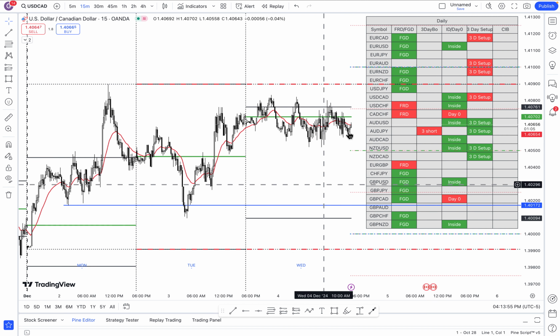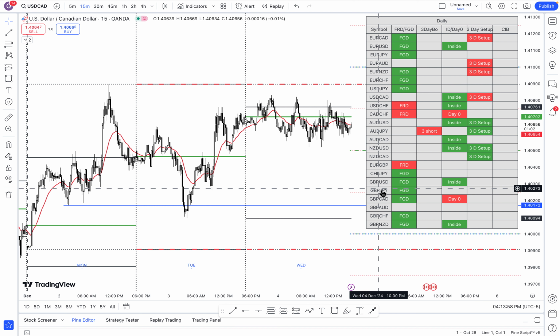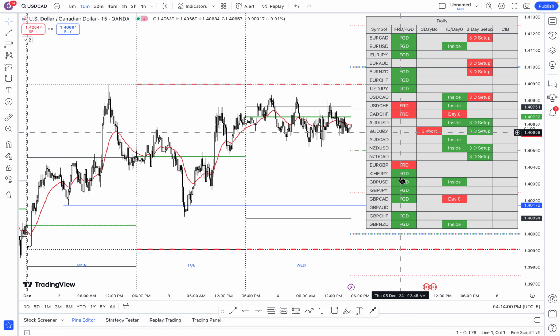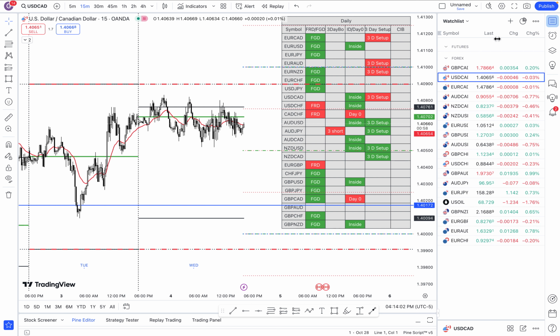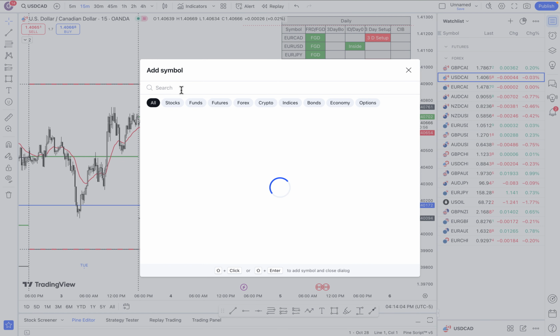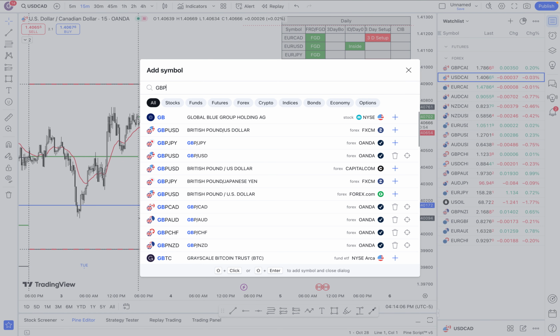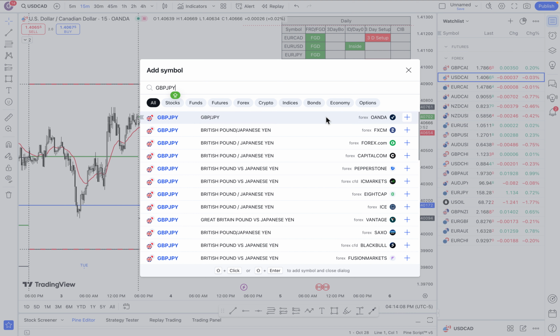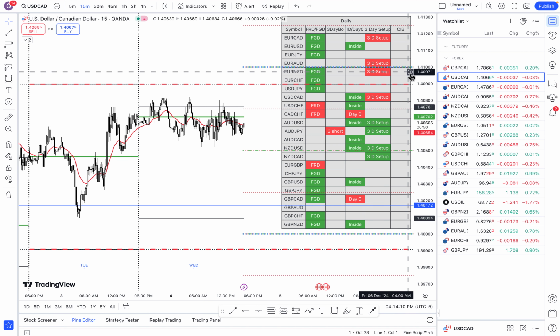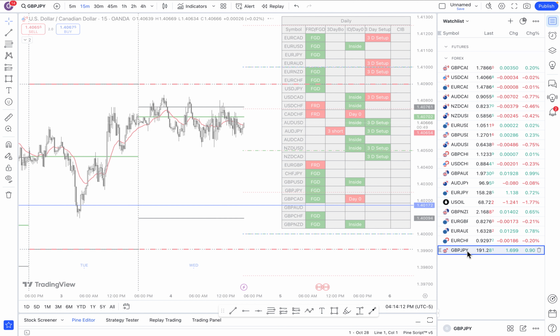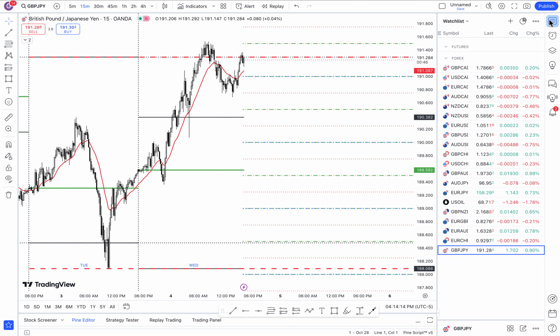So guys, this is just a video showing you how the indicator works with your instruments, how it helps you mark up your charts and identify what you are looking for.